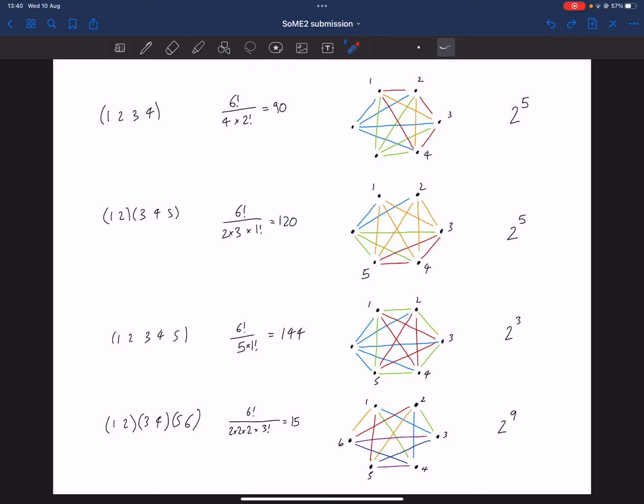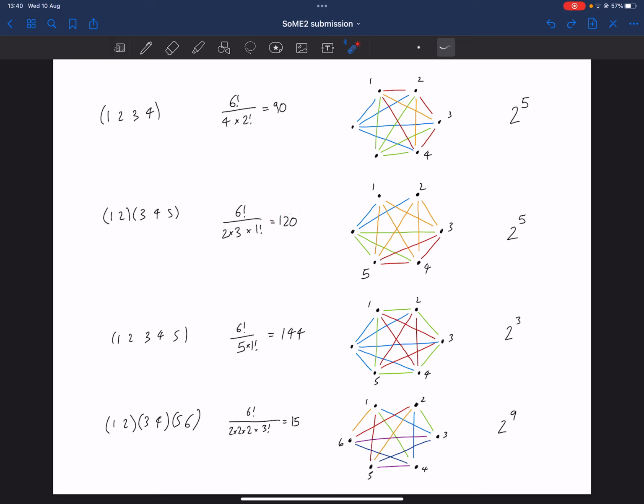We have, for example, this, which switches vertices 1 and 2, then sends vertex 3 to vertex 4, sends vertex 4 to vertex 5, back to vertex 3, and it leaves vertex 6 the same. If you calculate how many permutations there are that act in the same way as that, or in other words are a product of a transposition and a 3 cycle, there are 120.